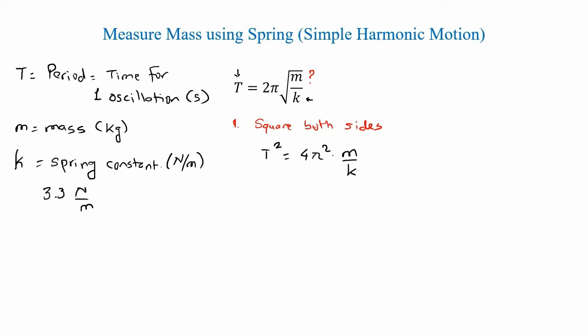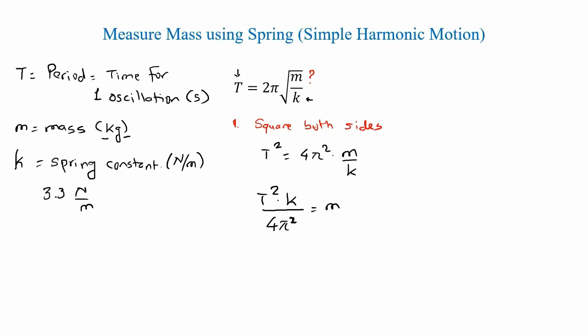Now 4 pi squared is multiplied, so it gets divided by, and k is divided, so it gets multiplied. So the reorganized equation looks like this: T squared times k divided by 4 pi squared equals the mass. Now remember, if you know the time and the spring constant, then plugging into this equation will give you the mass in kilograms. If you need to convert it to grams, just multiply it by 1,000. That will give you the number.